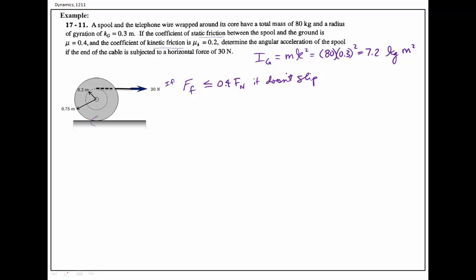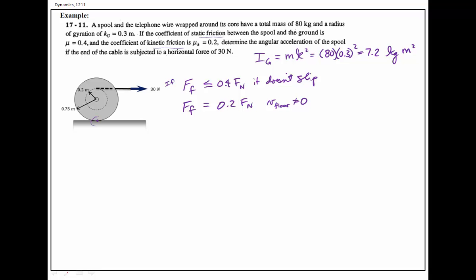But if it does slip, the friction force is going to be 0.2 times the normal. So we want to try to find that out here. And if it does slip, the velocity at the floor does not equal 0. Otherwise, if it doesn't slip, the velocity here is going to be 0.